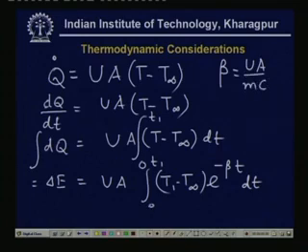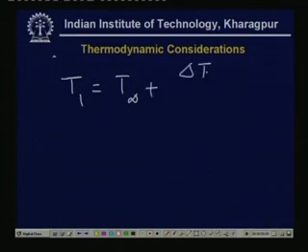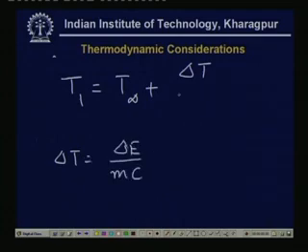Now, if you use that, then after the integration we can find the following result, this is the final result we get: T1 is equal to T infinity plus delta T, where delta T, if you remember, is nothing but delta E divided by m c, divided by 1 minus e to the power minus beta T1.